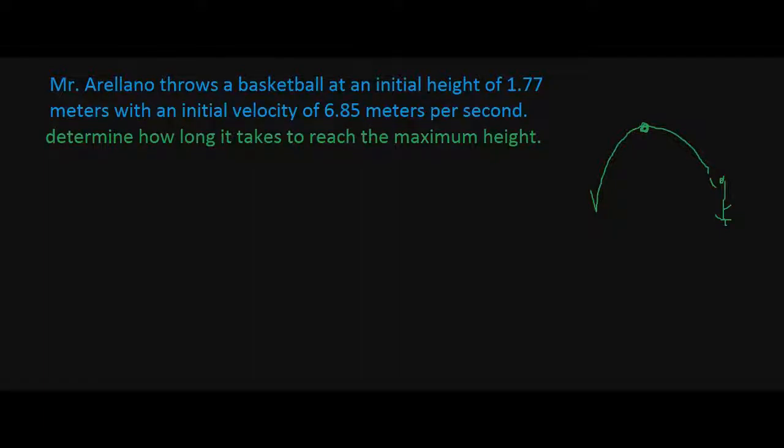That looks like a quadratic equation that's reflected over the x-axis, and the maximum point is our vertex. So when we write our equation, we get y is equal to negative 4.9 x squared. I'm writing x because it's sloppy with this pen.